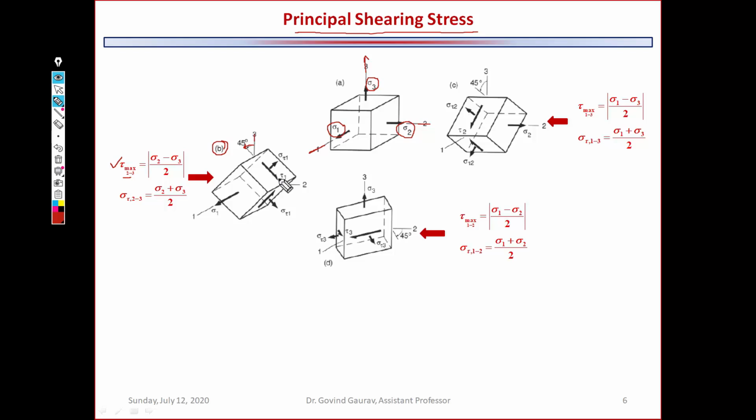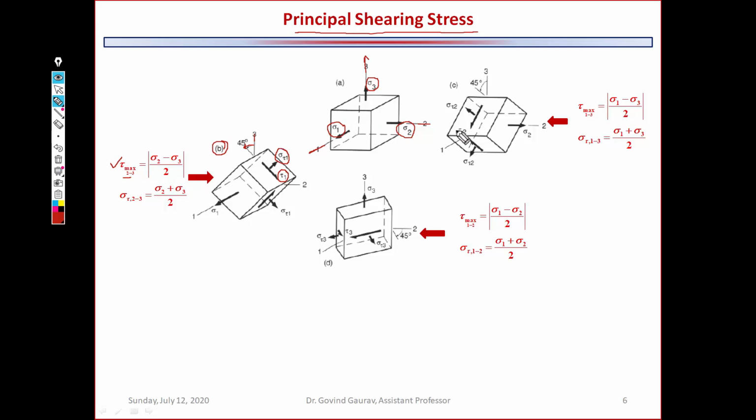On this plane, the maximum normal stress acting is sigma 2 plus sigma 3 divided by 2.